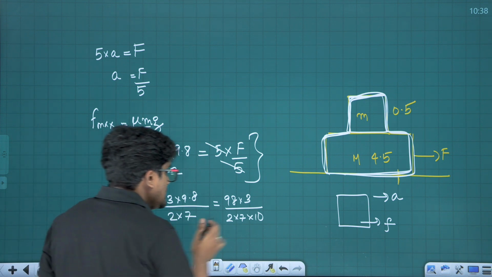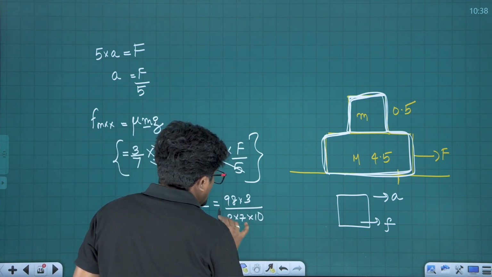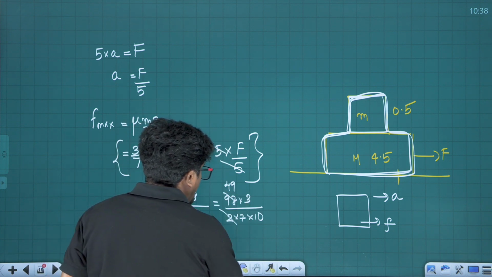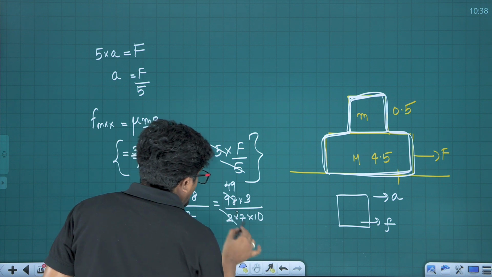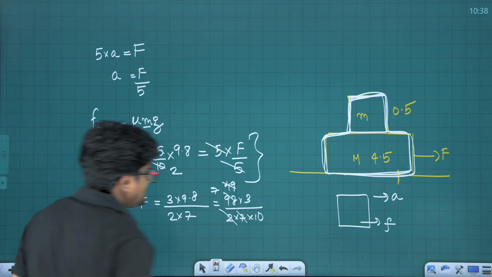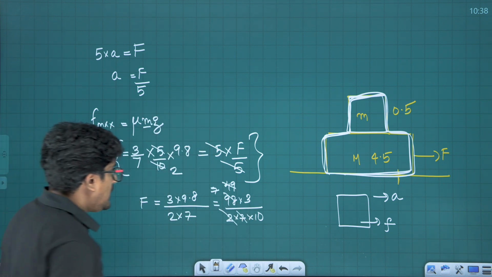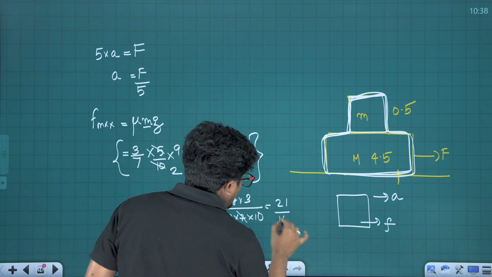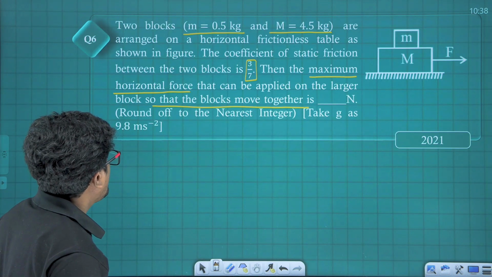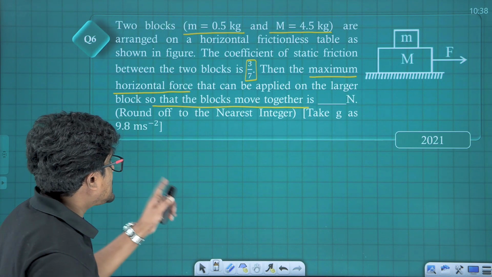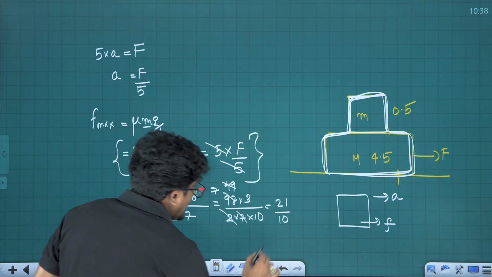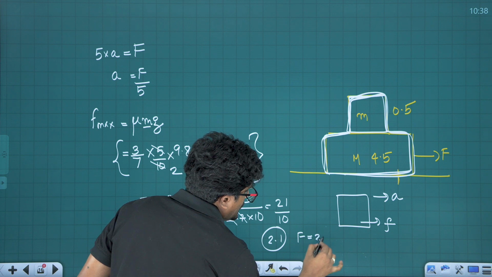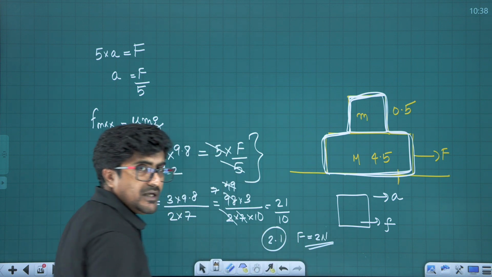Alright. So, if I cancel these two, here this is going to be 49, and here this is going to be 7. Now here this is going to be 7 3s are 21 divided by 10. Okay, fine. So if to the nearest integer they are asking, I am going to get this as 2.1, which means F is equal to 2 Newton approximately.